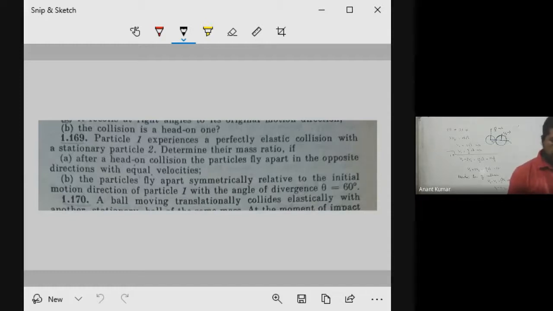Option apart. Okay, just wait. No, it is not. Yeah, Bharti, that's correct.